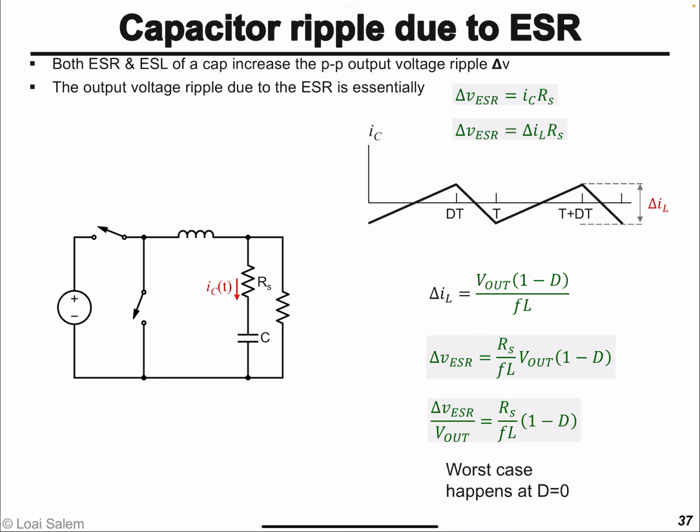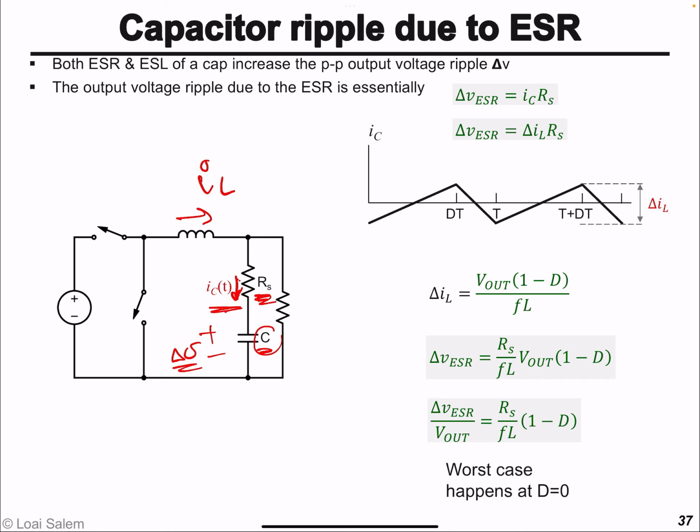And this resistor, since the current of the capacitor is basically the harmonic components of the inductor current, flows into the capacitor in series with the resistor. So not only is the capacitance going to introduce delta V, peak to peak voltage ripple in the output voltage, but its series resistance will add to that ripple.